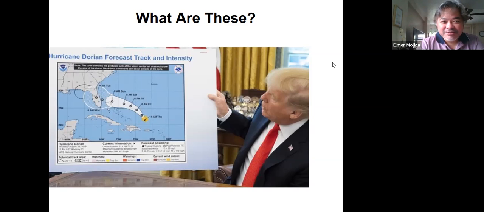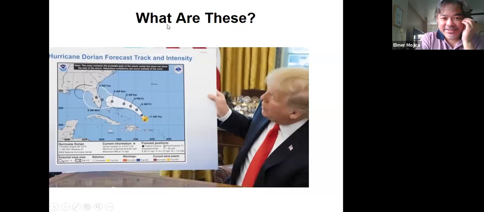What is wrong with this slide? The photo in the slide. Oops, I think I ended up on this one.